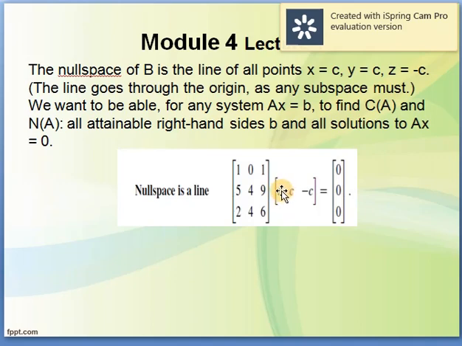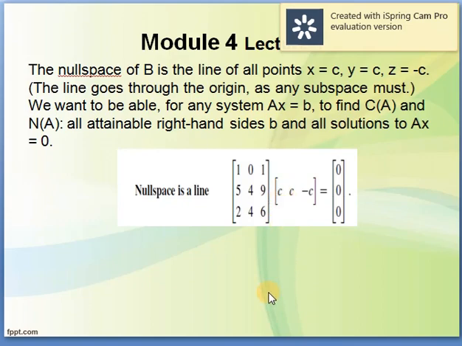Even if we take two solutions, 1, 1, minus 1 is one combination. Similarly, 2, 2, minus 2 would be another solution, and we can go for the sum of them.